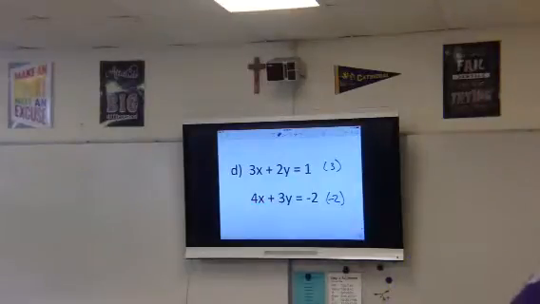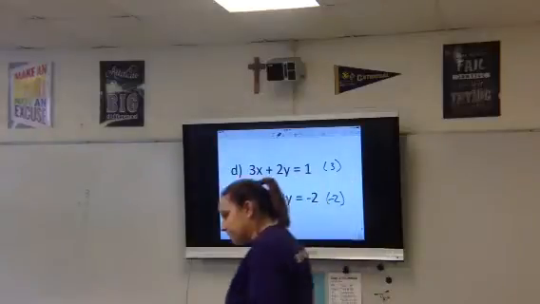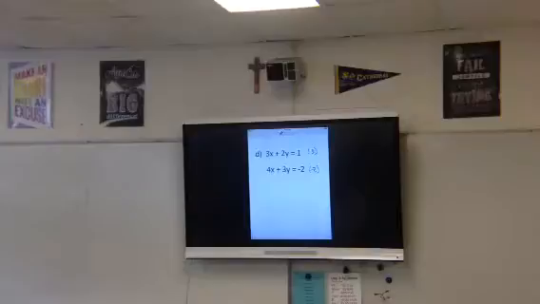What we're saying is the common number is 6, so we're going to multiply this by 3 and this by 2. You have to multiply all the parts by 3 and all the parts by 2.